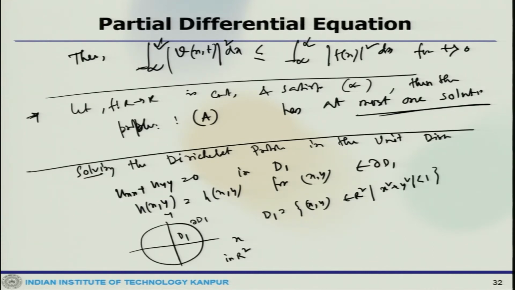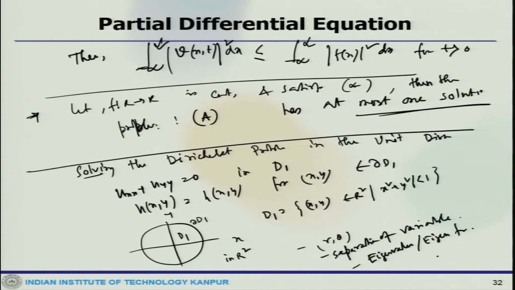So, by looking at the radial symmetry of the domain, we can probably express this in polar coordinates r and theta. Once we define r and theta, we can use separation of variables, then look at the eigenvalues and eigenfunctions, and try to find the solution.